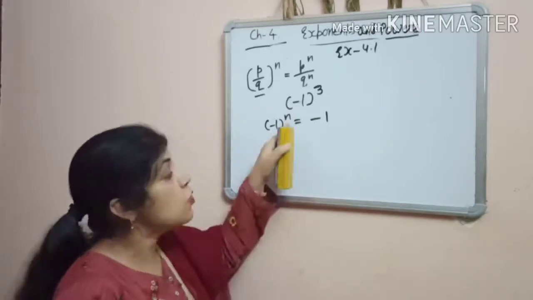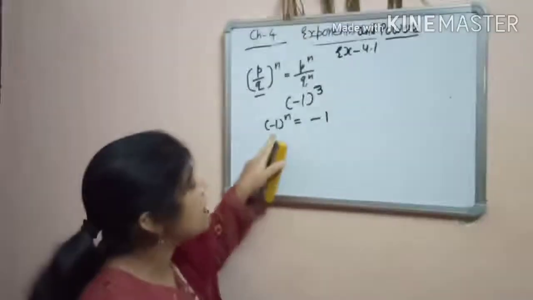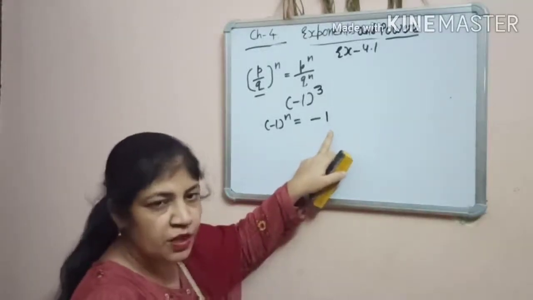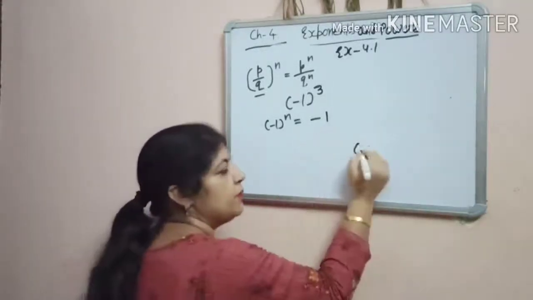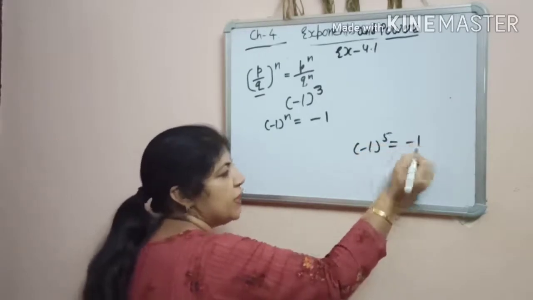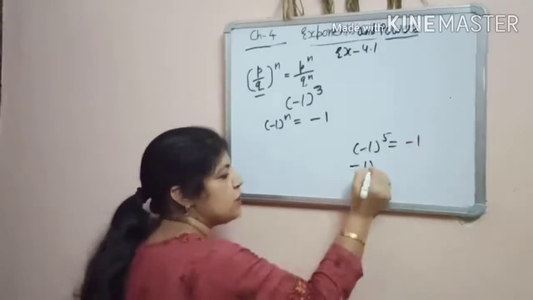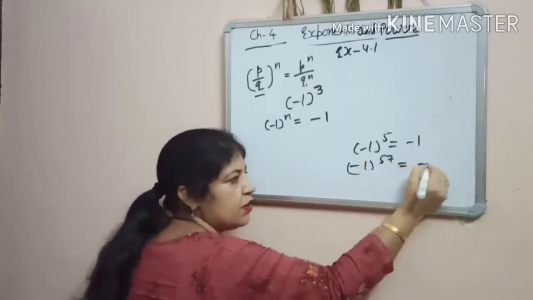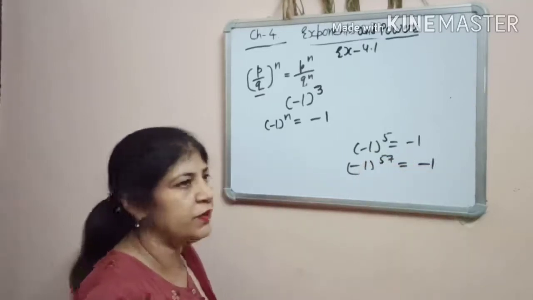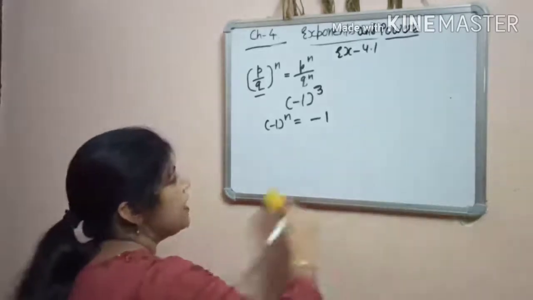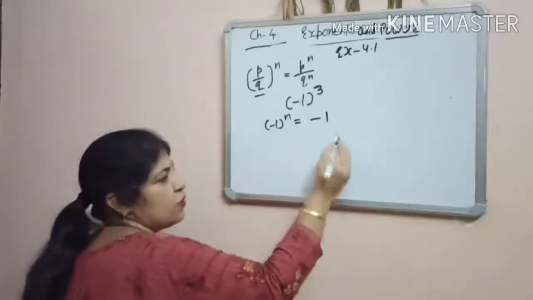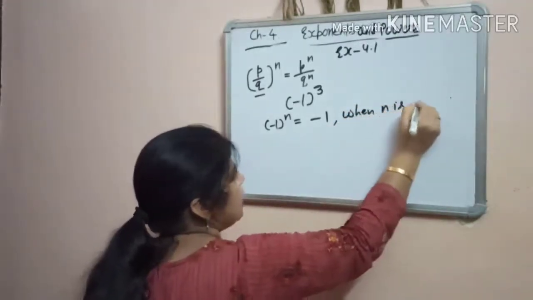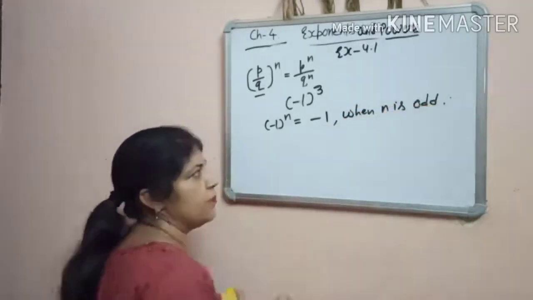When the power is odd, then the value of minus 1 raised to the power n will be minus 1. If minus 1 raised to the power 5, you will get minus 1. Minus 1 raised to the power 57, 57 is an odd number, you will get minus 1. Clear?